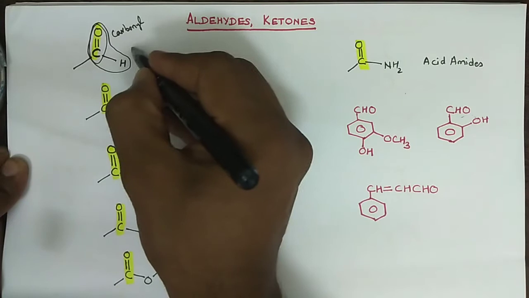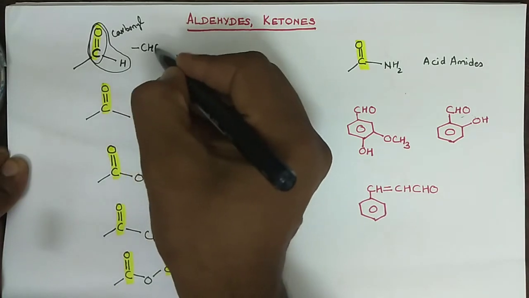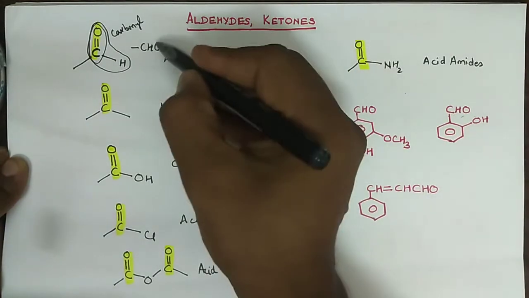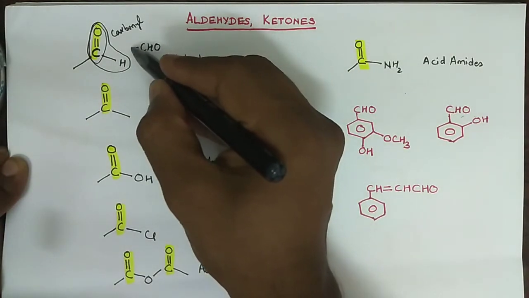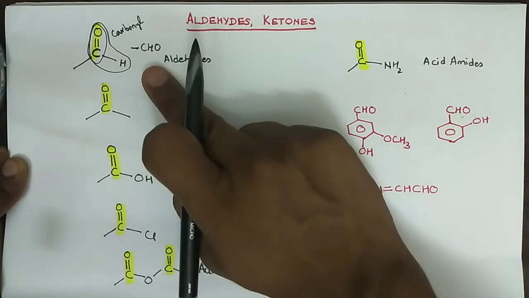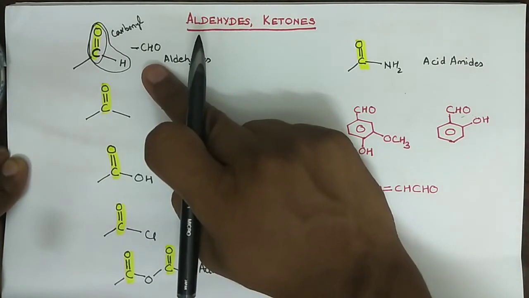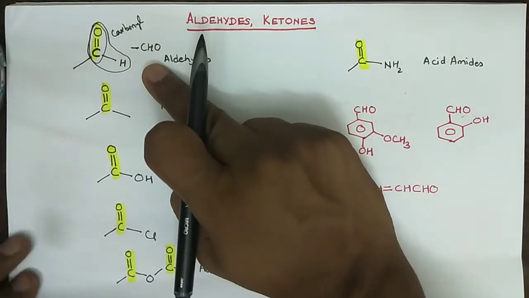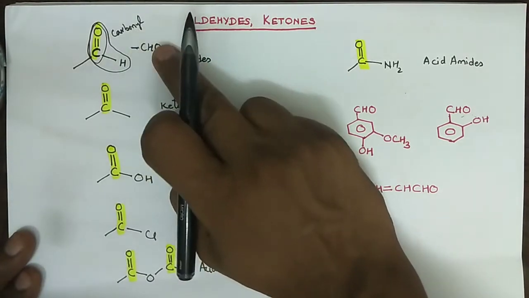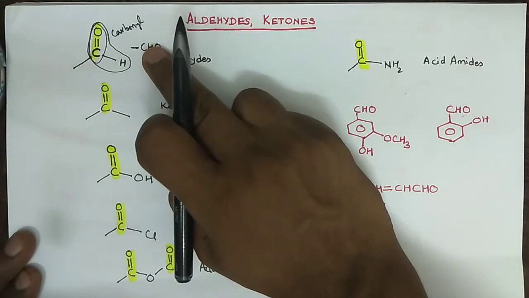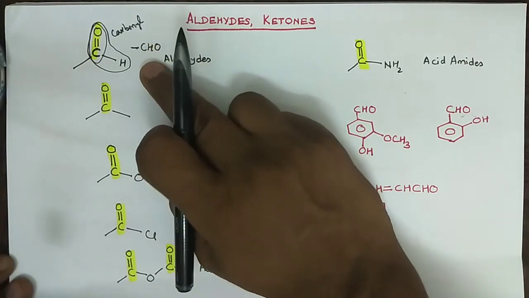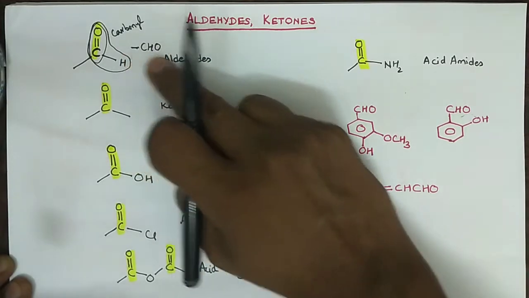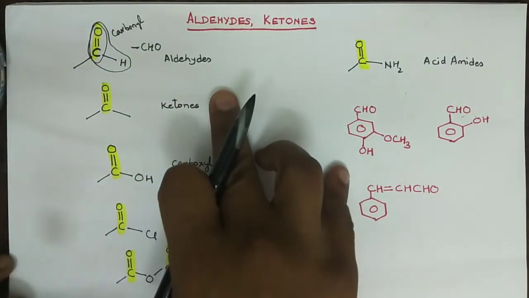So I will write this group in short as CHO. This group can be substituted only at the extreme end of the carbon chain. If you have such a group, then such a class of compounds is called aldehyde. If this group is most preferable, then this class will be the aldehyde class.